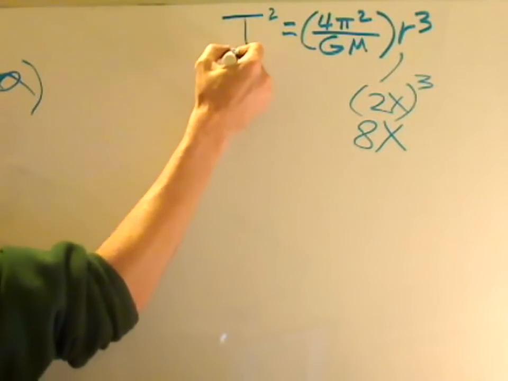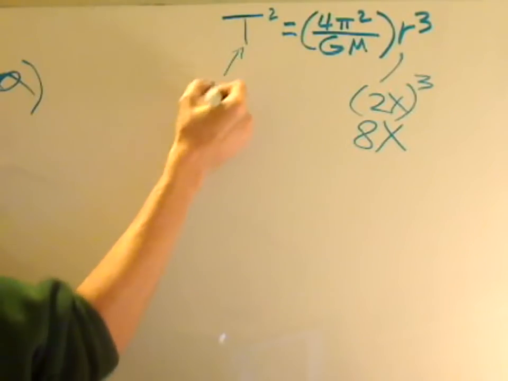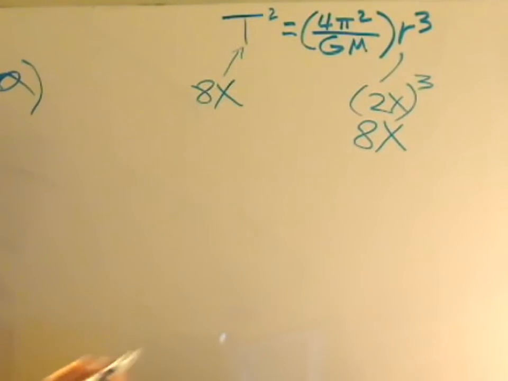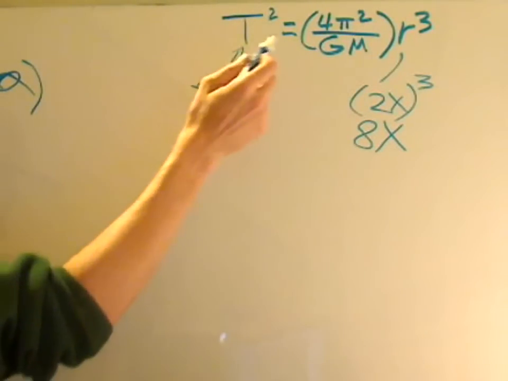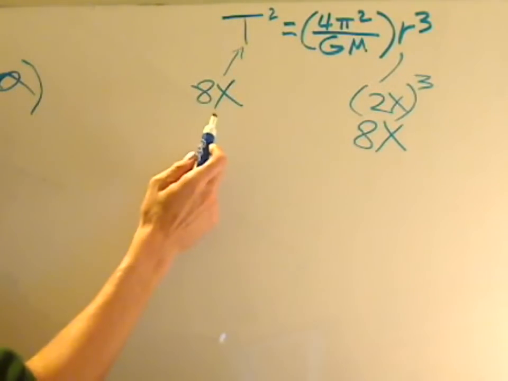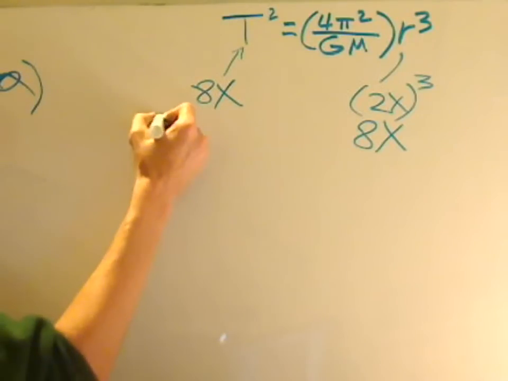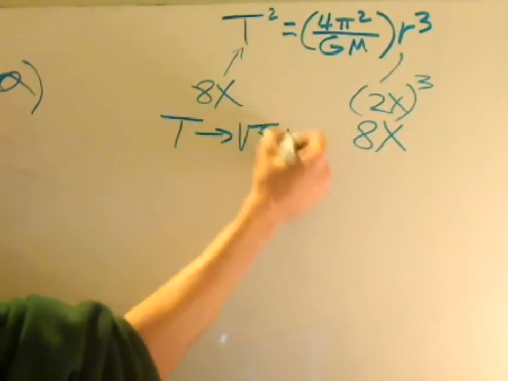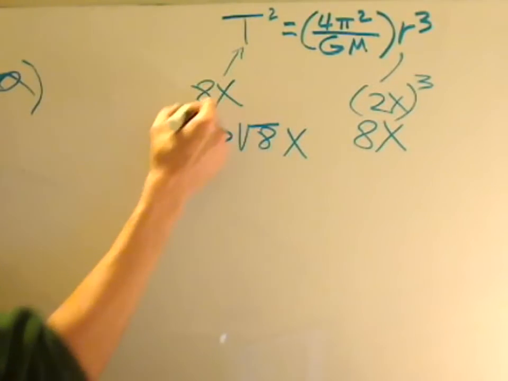So T squared is now 8 times larger. To figure out how that affects T, T squared gets 8 times larger, so T gets square root of 8 times larger.